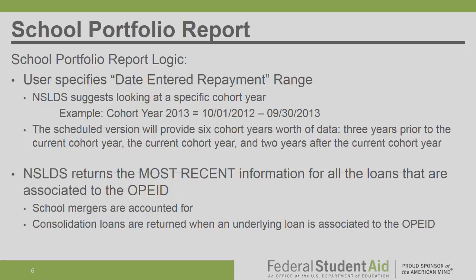So if you're getting the scheduled report and only want to look at loans in cohort 2015, you're going to have to filter out all of the loans that aren't in the fiscal year you're looking for in some way. But if you're doing it on demand, you can set that criteria before the report even produces. So just wanted to give you another little tidbit there.